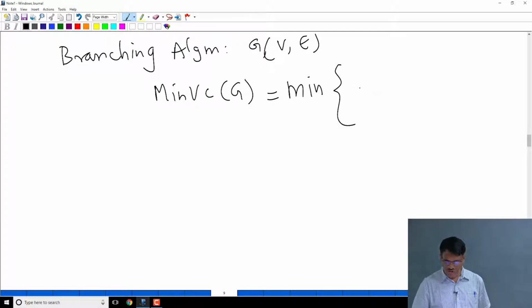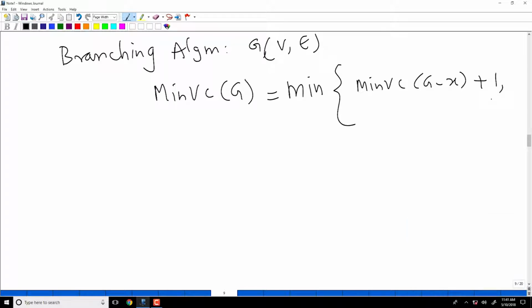So, min vertex cover of G is the minimum of min vertex cover of G minus x, plus 1. That means I pick x into my solution, find the minimum vertex cover of the remaining graph and add 1 to it. That is one possibility. Or I am not including x.